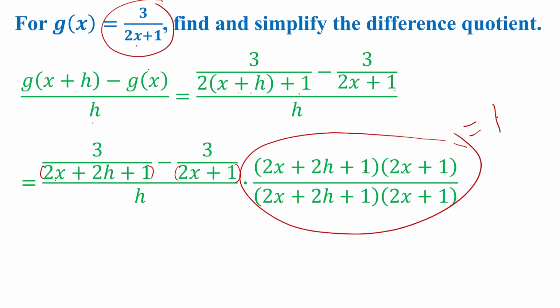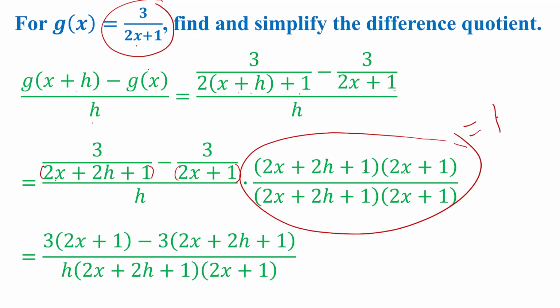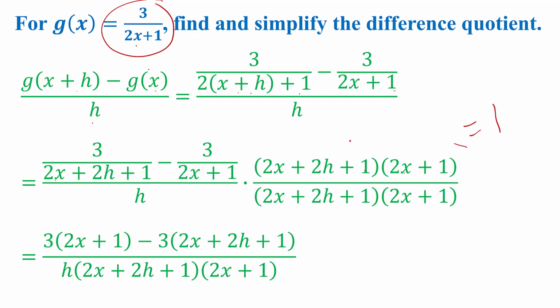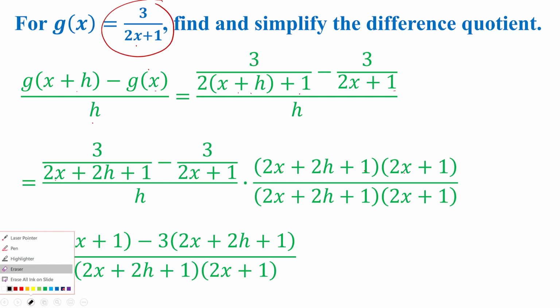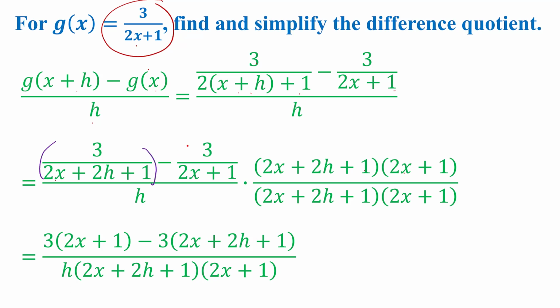And in the next step, I'm going to erase and redo things here so you can follow along with what I'm doing. Okay, so the next step here, I have 3 over 2x plus 2h plus 1 times 2x plus 2h plus 1 times 2x plus 1.